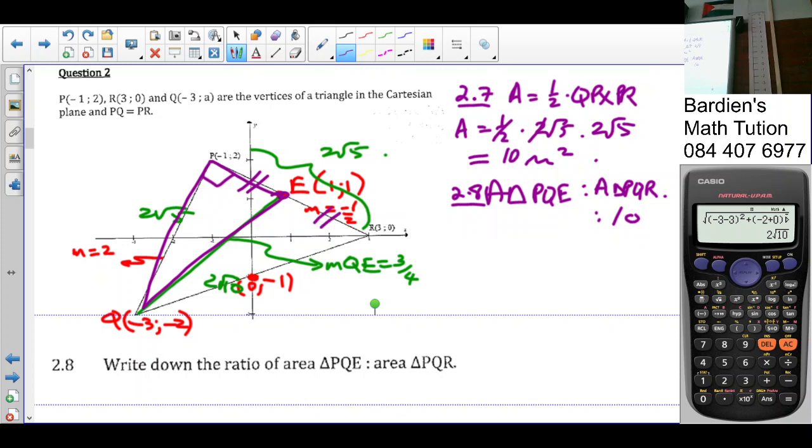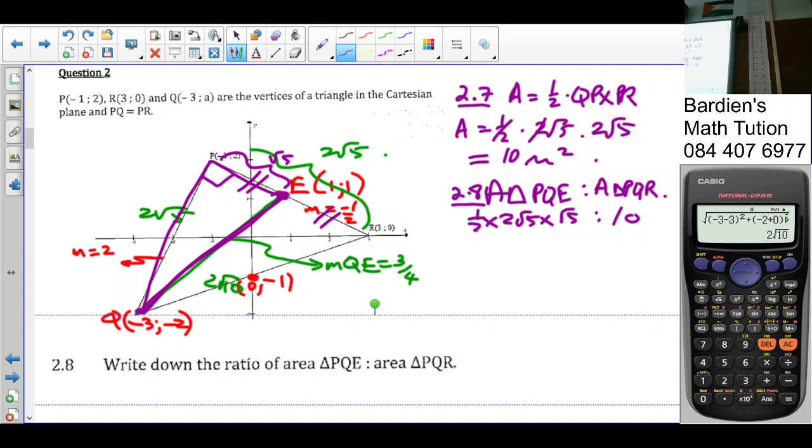Okay, we could have gone half base, which is 2 root 5, times height, which is, the whole length is 2 root 5, that is just going to be root 5. But we know that this is also known as your median. Your median is a line joining from one vertex to the midpoint of the opposite side.